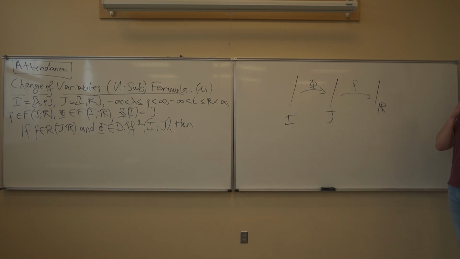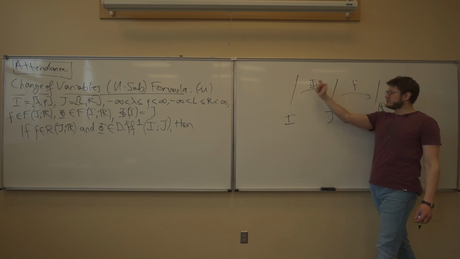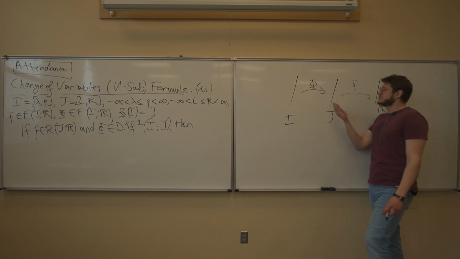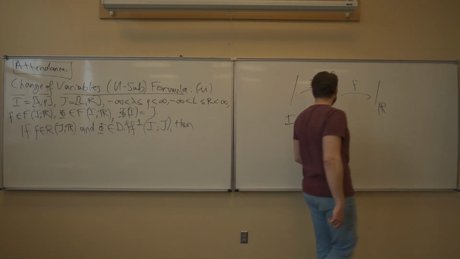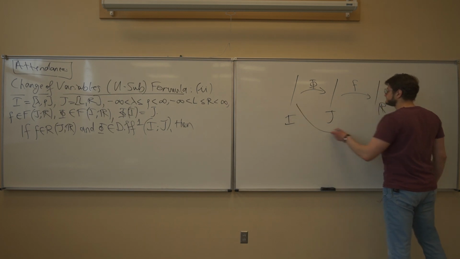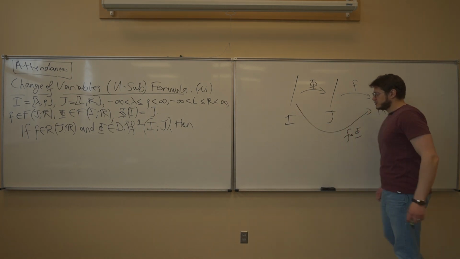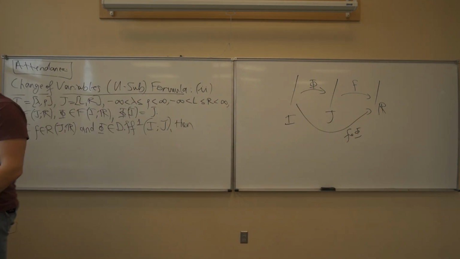And the point of the change of variables formula was that instead of integrating f over J, I wanted to integrate this composition function over I. Quite possibly you do this because maybe the composition function is nicer, or maybe it's the other way around. You're changing the variables. But there is a cost of changing the variables.